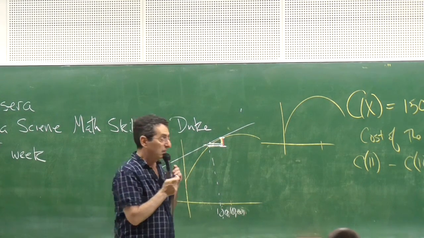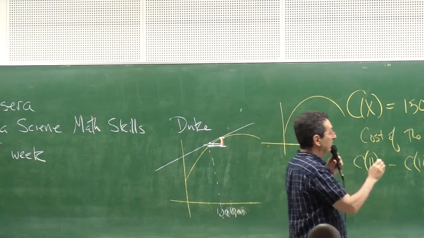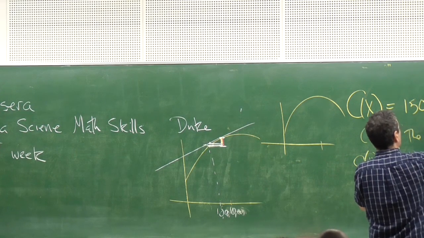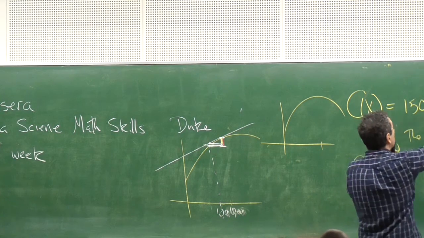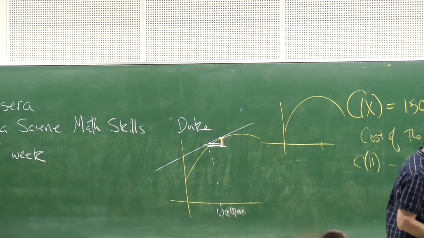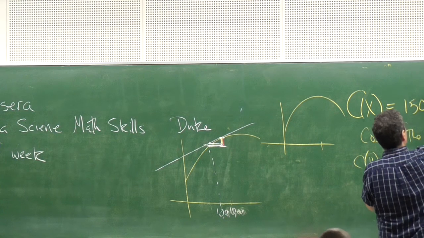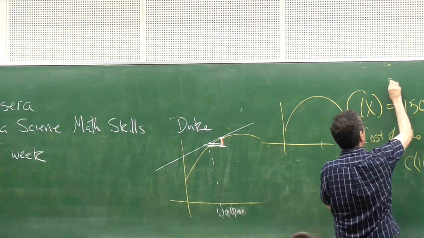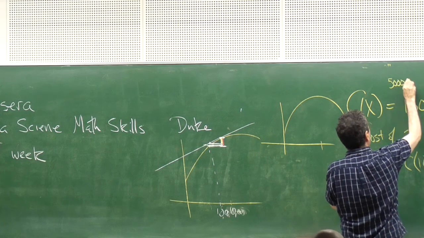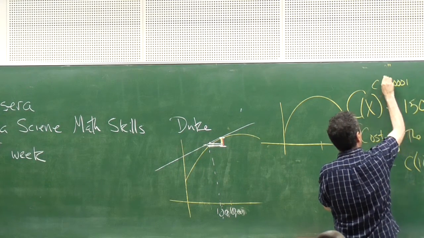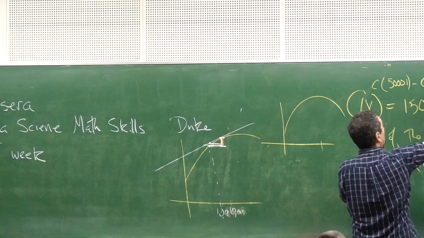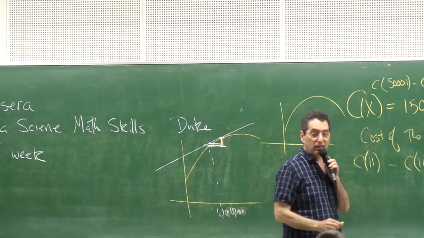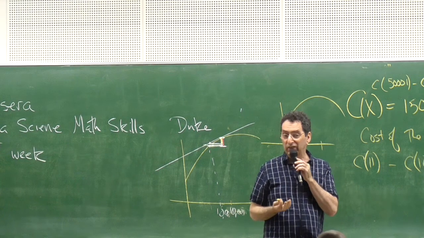So if we try that with this, you'll see that it's true. If you put in, what did they ask us? 50,001. If you put in 50,000 and 50,001 into the cost function, you're going to get the true marginal cost.